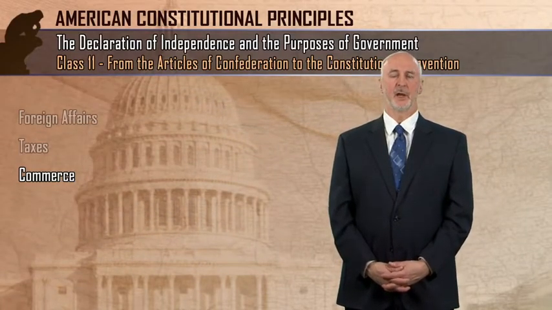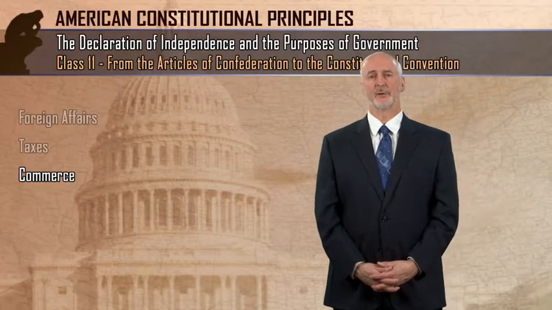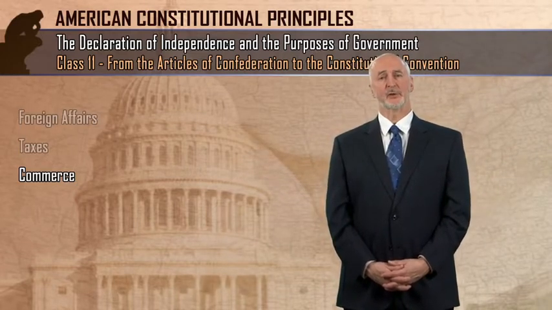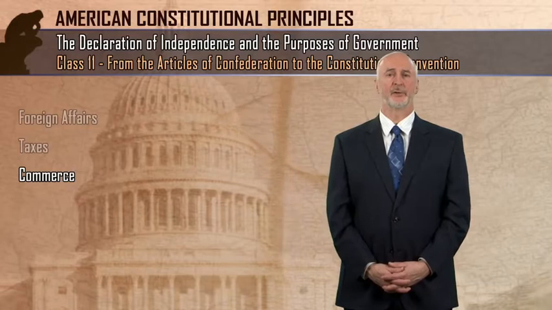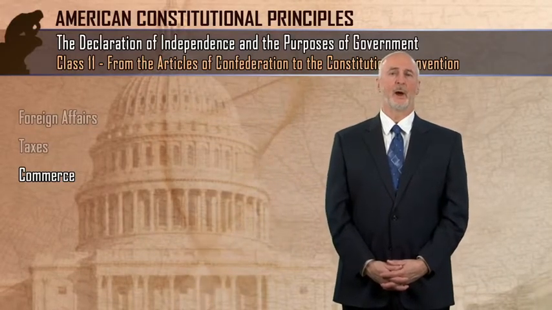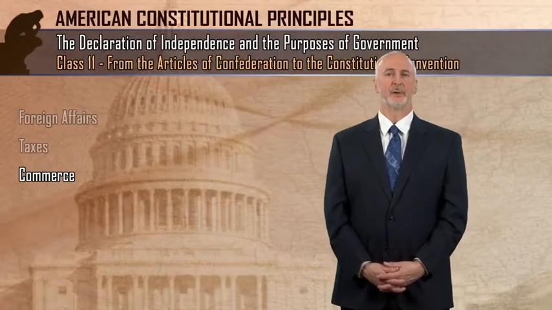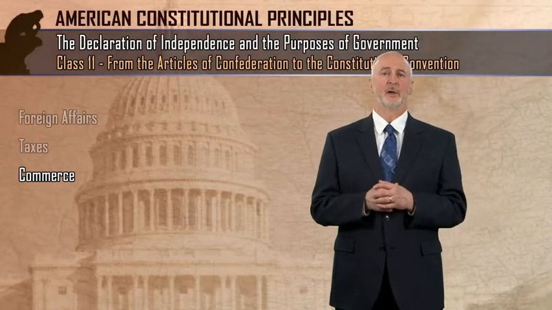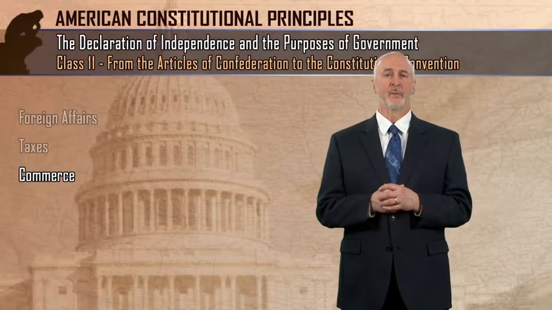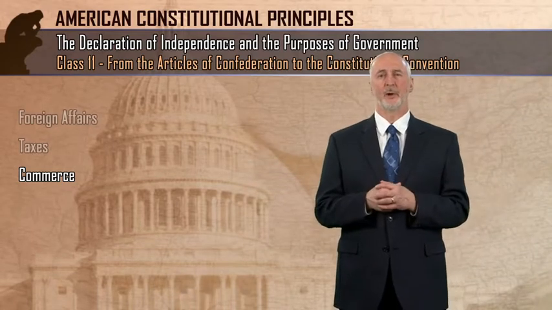Because Congress could not regulate commerce effectively, because the states were still pretty much free to regulate commerce as they wished, what that meant is that states could tax goods coming from or going to another state. That is, in a way, each individual state could set up duties and customs in the same way that a nation would set up duties and customs for goods going to or coming from another country. And the result was that you had a lot of what you might call internecine economic warfare among the states.